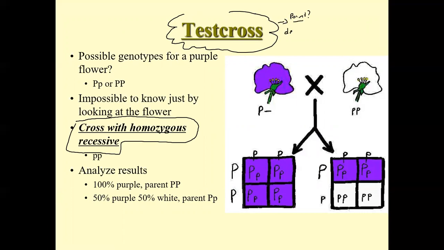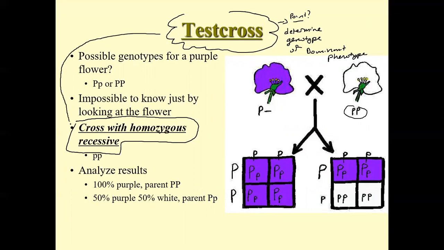It's to determine the genotype of the dominant phenotype. So basically what this means is whenever it says perform a test cross, you're always going to cross with the homozygous recessive. And why? Well, if it is expressing the recessive phenotype, you know what the genotype is going to be.